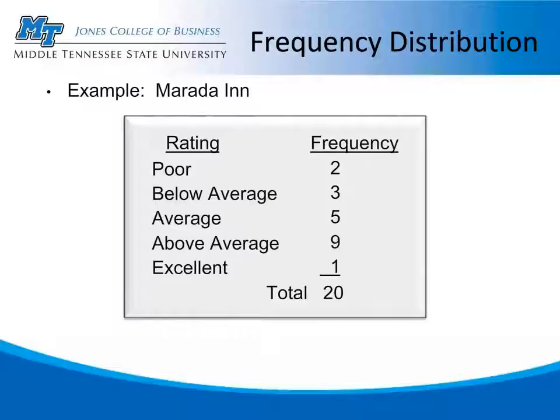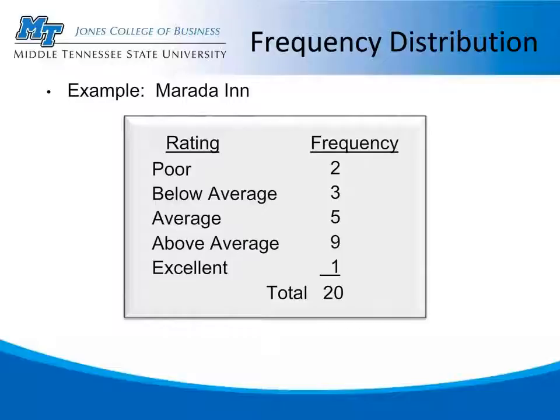Now you can take these frequencies and convert them into relative frequencies. All you have to do is to take the frequency and divide it by the total. The 2 divided by the 20 would be 0.1, or you can represent that as 10%.